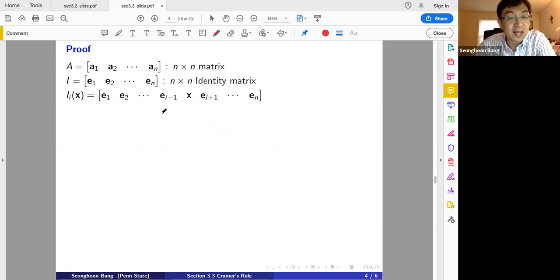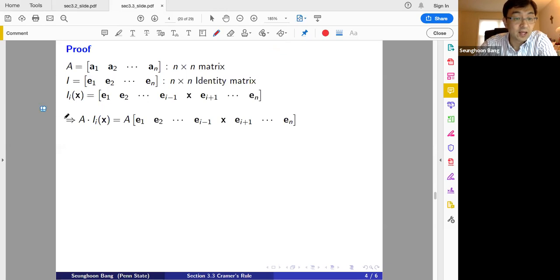Let I_i(x) be the identity matrix where we replace the ith column by the vector x. Here vector x is x1, x2, keep going, xn. Consider A times I_i(x). We can use it.